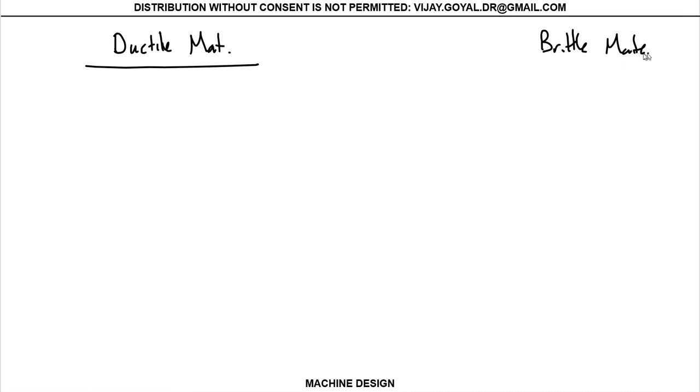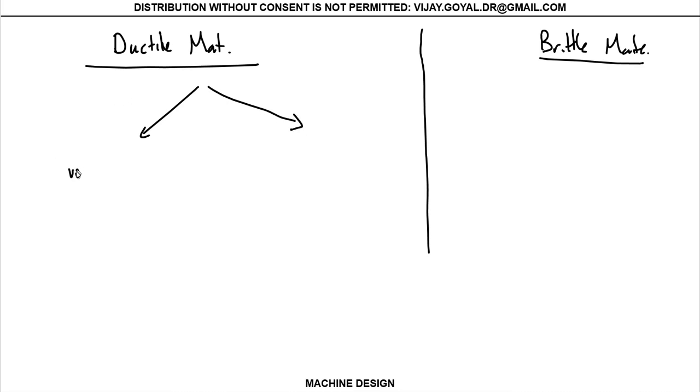We have the case for ductile materials, and we have the case for brittle materials. Okay, there are two different approaches that we can use. In this case, the first approach we're going to use is von Mises.